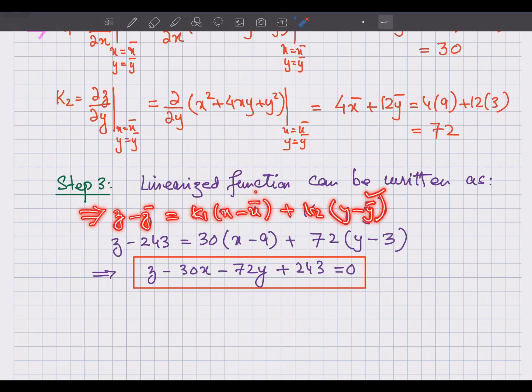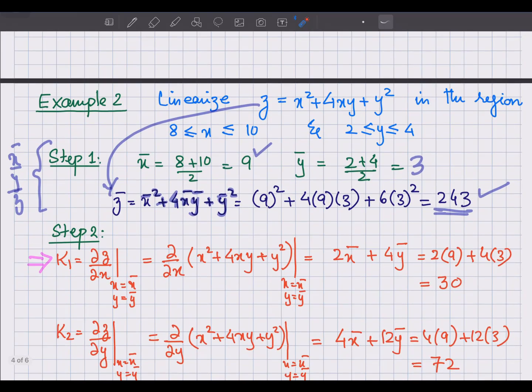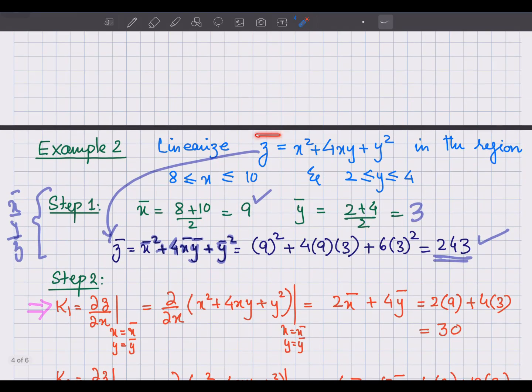So this is the operating point. Plugging in the values, we get the linear equation of the system defined by this nonlinear equation. So we have linearized it in this given range.